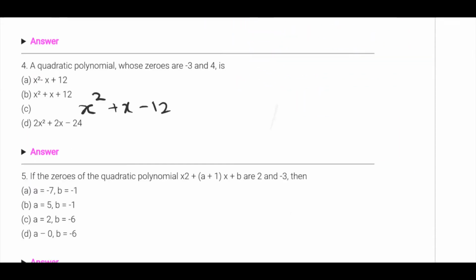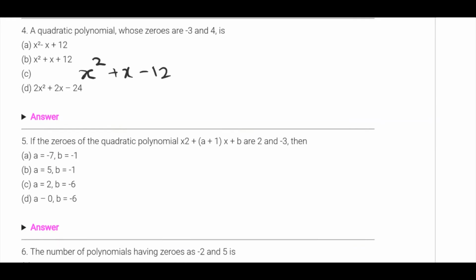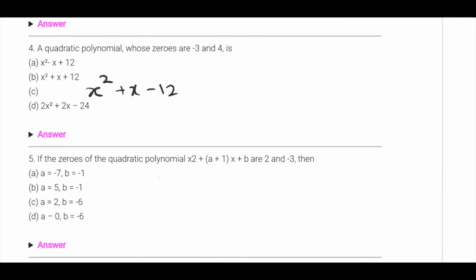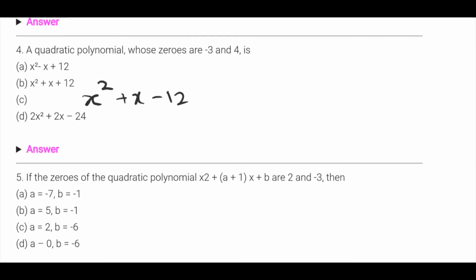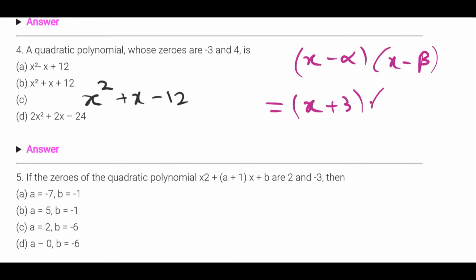Next, question number 4. A quadratic polynomial whose zeros are minus 3 and 4 is. For this, we directly have the formula x minus alpha into x minus beta. That equals x minus of minus 3 into x minus 4.